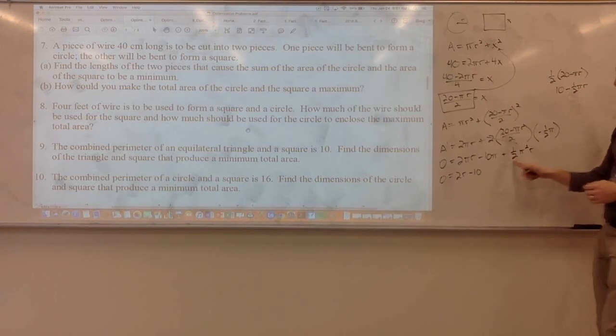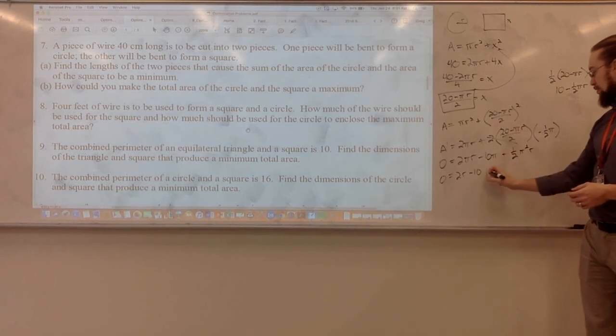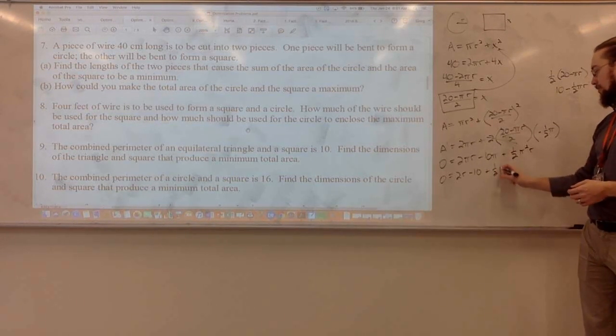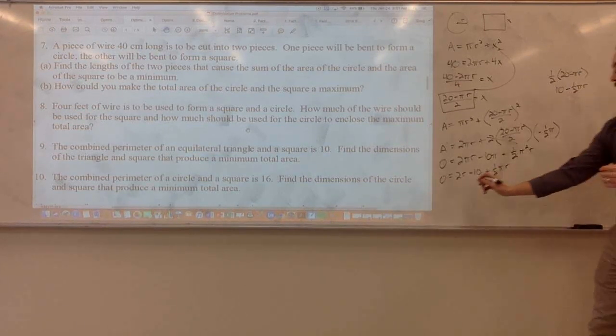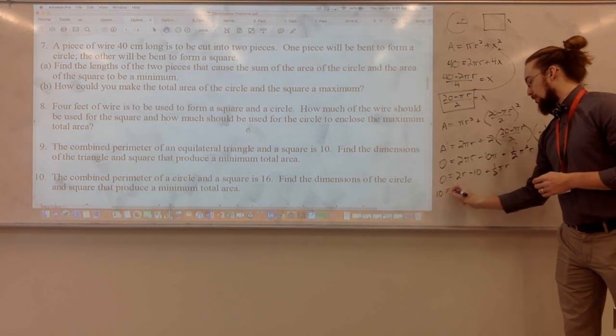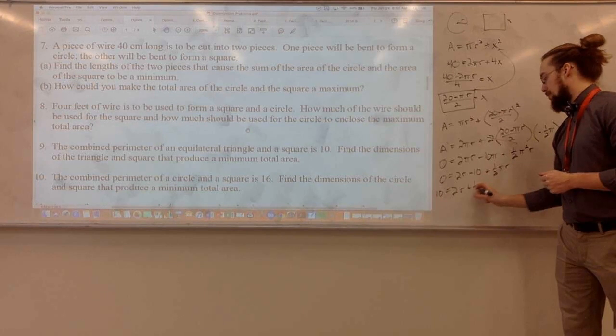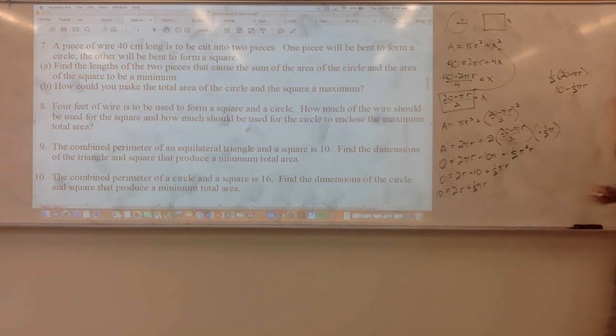I mean, we could, but then this would become a 4th, which would be kind of ugly. So then we have pi r. Yes, we can cancel a pi out of everything. Now what? Sure. We can take the 10 over. So this is 10 equals 2r plus 1/2 pi r.